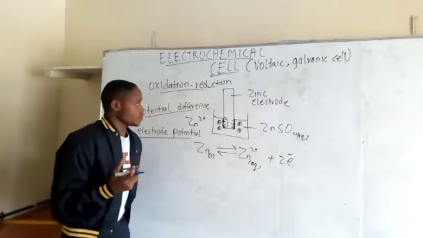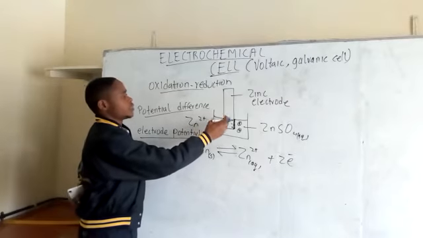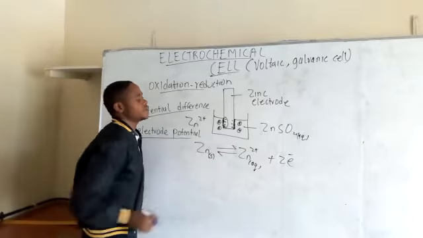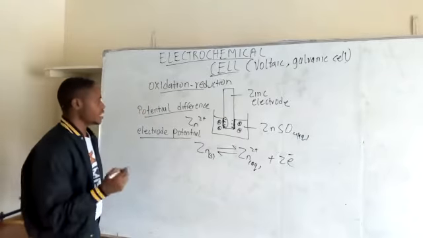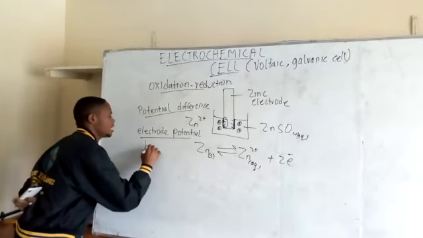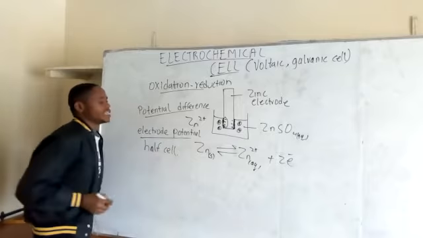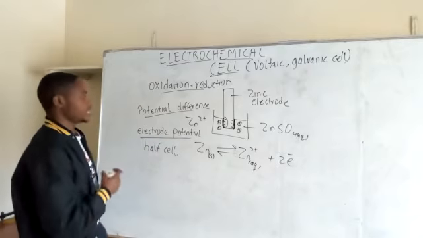So this is basically such a setup in the electrochemical cell. We normally refer to it as a half cell. And this is how we represent a half cell.